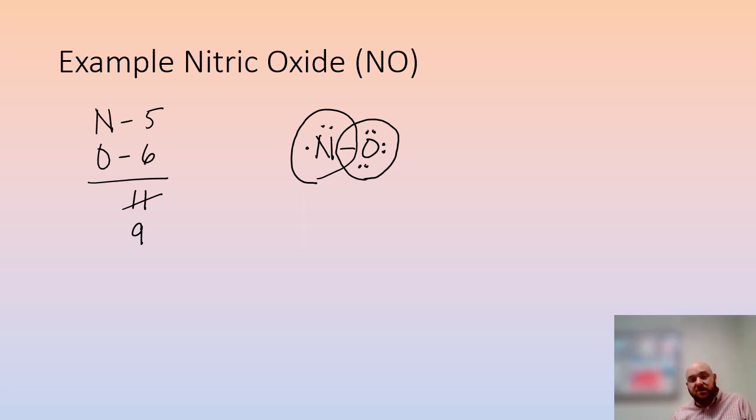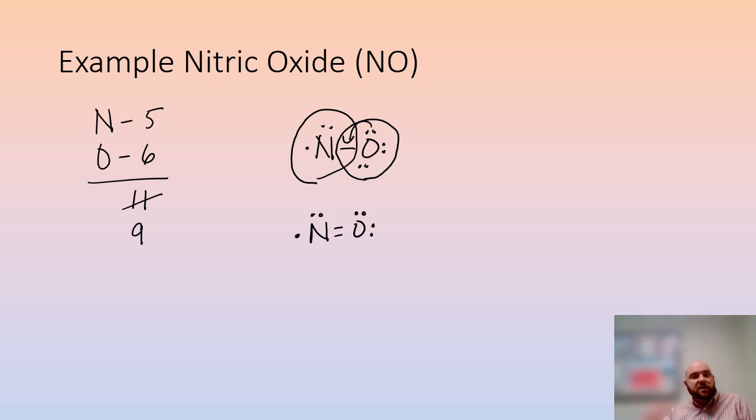So in these cases, it's impossible to move one of these bonds over and get to the octet. We can only move one bond over and get 7 electrons on nitrogen. And this is how the structure would appear. We never go over 8 electrons.